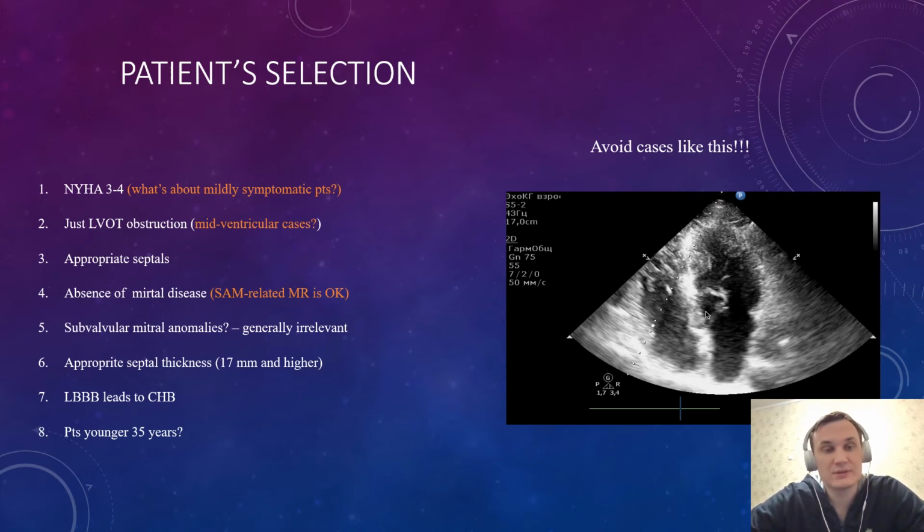Absence of mitral disease, of course: if you have intrinsic disease of the mitral valve with a central regurgitation jet, this patient is not a candidate for alcohol septal ablation.